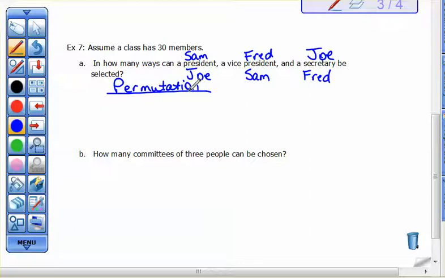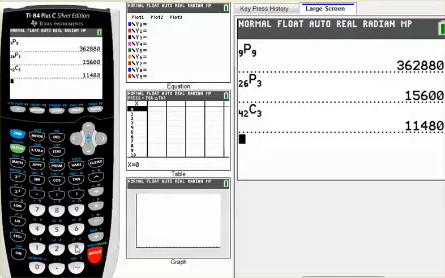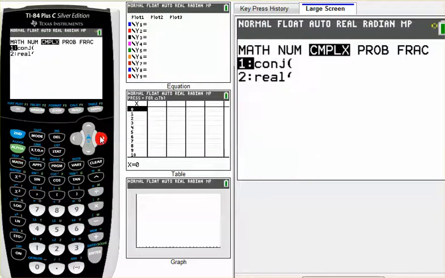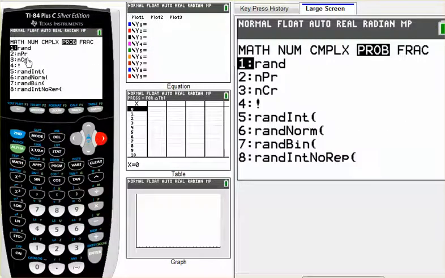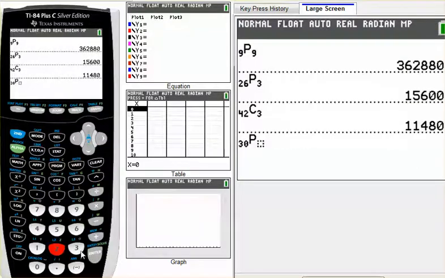We have a total of 30 members, so that's our N. We're doing a permutation and we're choosing 3 things at a time, so our R would be 3. Now let your calculator finish that out. 30, go to math, arrow over to probability, and choose number 2 for NPR. 3 at a time.